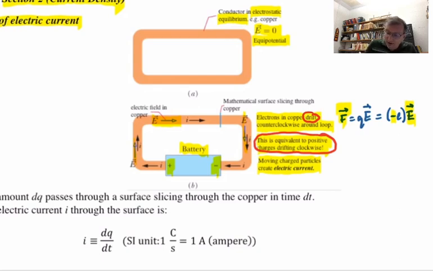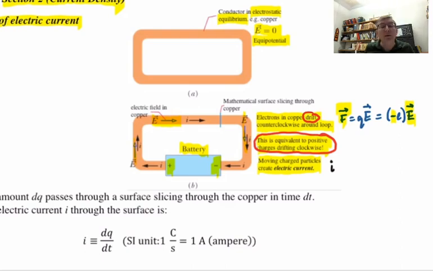And the symbol for electric current that our book uses is a little I. And so now you'll see in the picture there are a bunch of arrows pointing clockwise around this loop labeled I. That's our current. That is caused by hooking up the battery to the copper and creating an electric field in the copper.